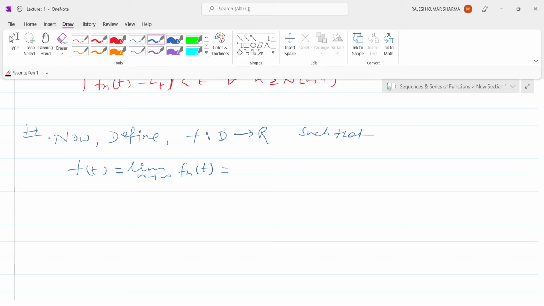This limit is said to be the pointwise limit, and this is l(t), for all t belongs to D. Here f is well defined, because f(t) is equal to the limit of n tending to infinity f_n(t) equal to l(t), which is already defined. So f is well defined.